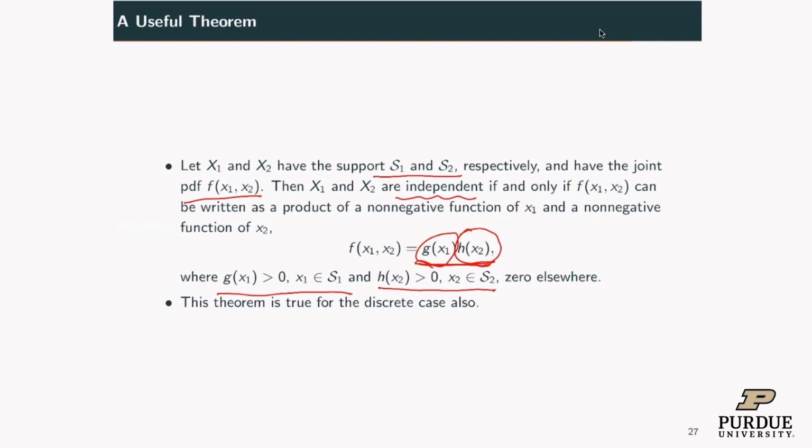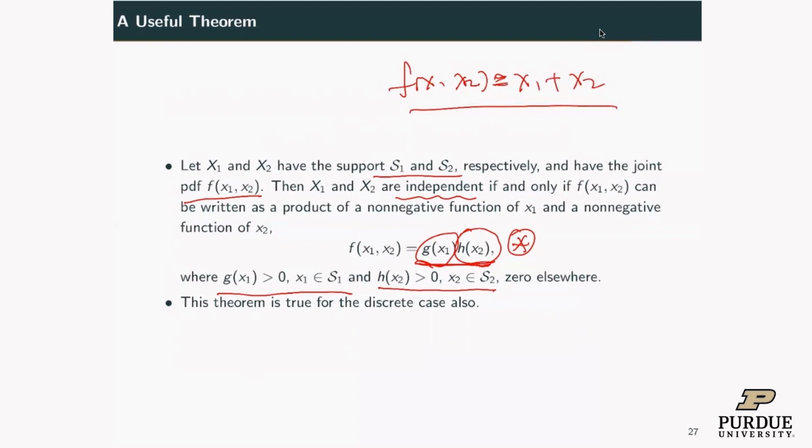So there are two things you need to be careful about. The first, you need to do the separation. For example, if f(x1,x2) is x1 plus x2, I don't think you can do separation. Then you can claim x1, x2 are dependent.